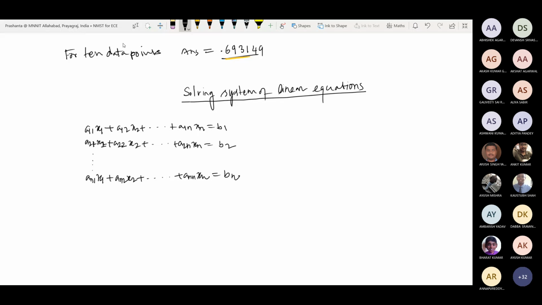So how many equations, how many unknowns are there? N equations with n unknowns.